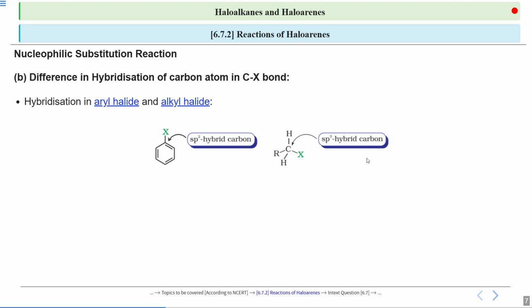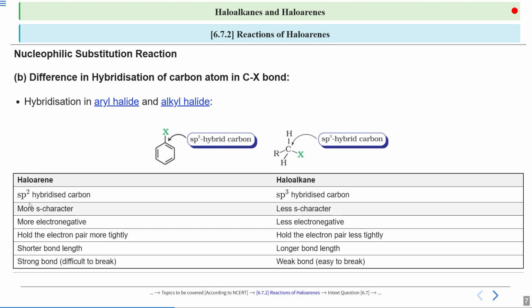Okay, so what will happen? An sp2 hybrid carbon means you have more s character compared to sp3, right? So s character is more in sp2, due to which there is more electronegativity, and due to which the electron pair of the carbon-halogen bond is held more tightly as compared to the alkyl halides, right?